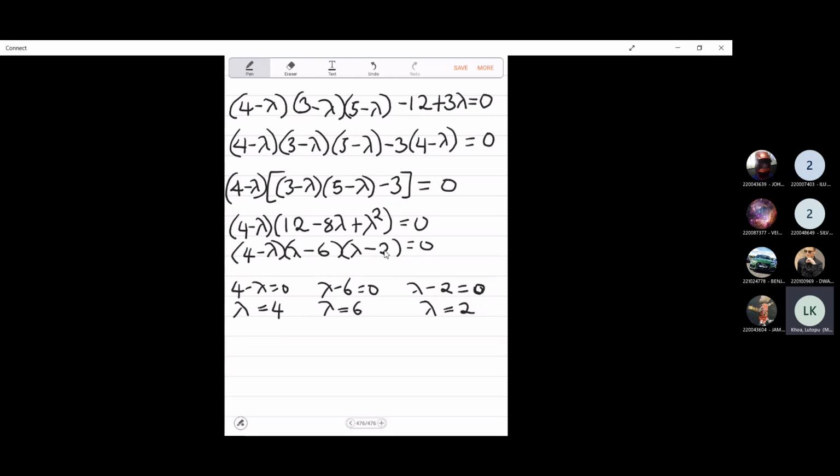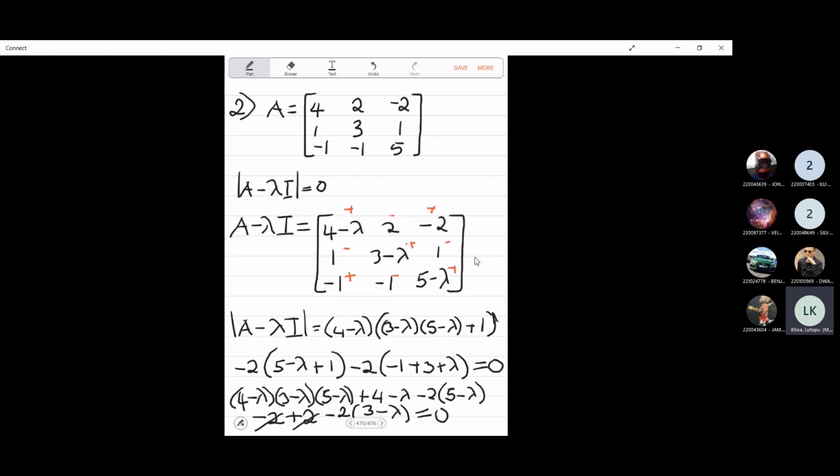So we start with lambda is equal to 4. So what we will do is we will substitute 4 into this matrix here. So we'll have 4 minus 4, 3 minus 4, and then 5 minus 4. That is our A minus lambda, our characteristic matrix. And then we will multiply that by x1, x2, x3, and equate it to 0, 0, 0.